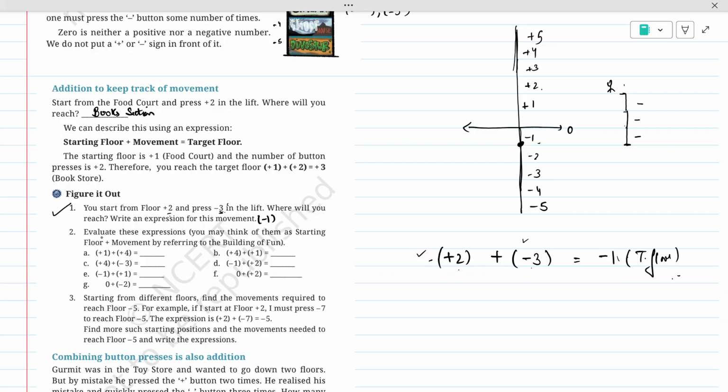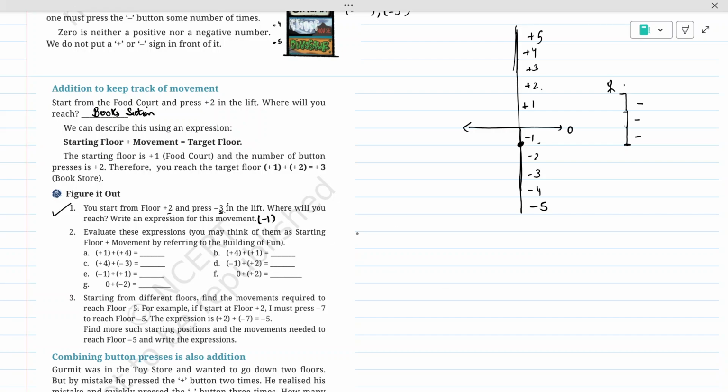Next question is, evaluate these expressions. We have all these expressions. You may think of them as starting floor plus movement by referring to the building of fun. So kids, what we can do here is solve all these expressions using the formula starting floor plus movement, and we can also take help of this part.